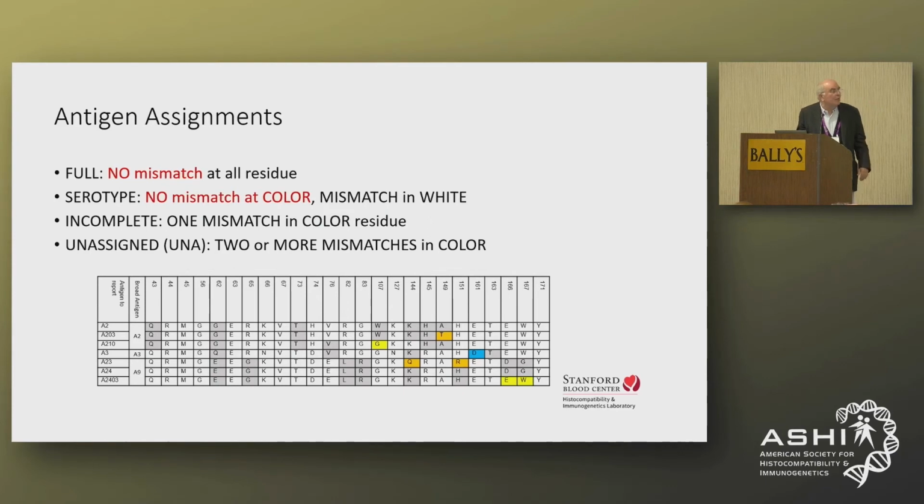And with this work, I would say when we found an allele that has no mismatch at all residues with the prototype, let's say A*02:01, we would call it a full serotype. We would call a serotype only those alleles that match at the key residues, but not at all the residues, and those can bear other epitopes shared with other HLA antigens.